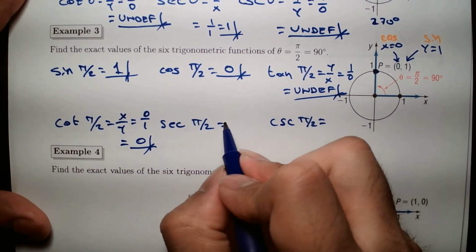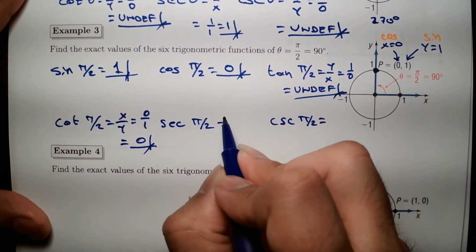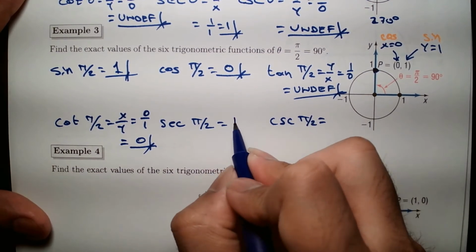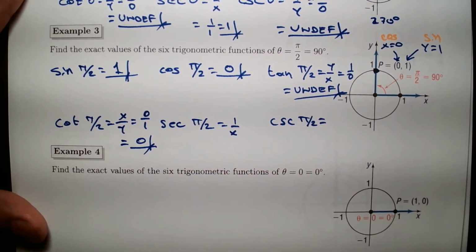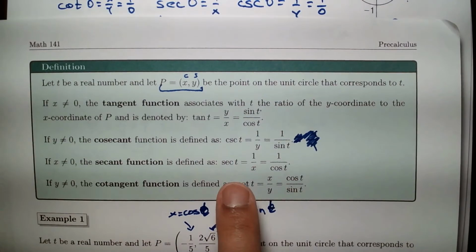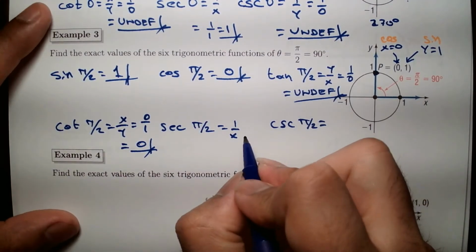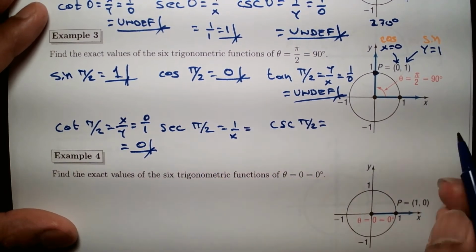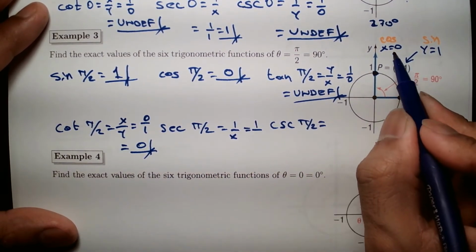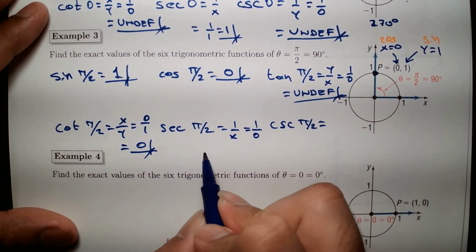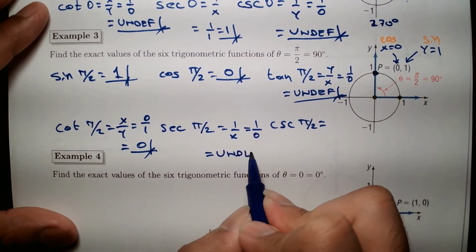Secant pi over 2, that's the reciprocal of cosine. If cosine is x, then this is 1 over x. Again, keep in mind the formula: secant is 1 over x, which is 1 over cosine. In this case, 1 over the x coordinate, which is 0, is another undefined.